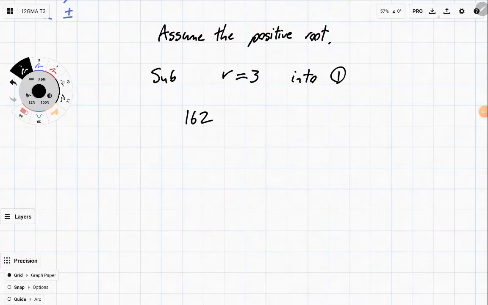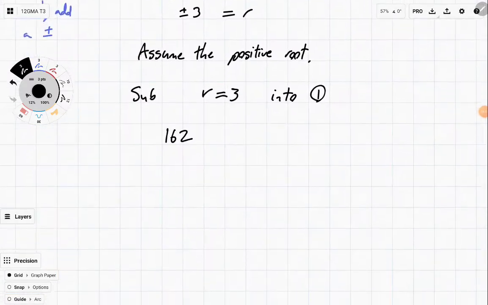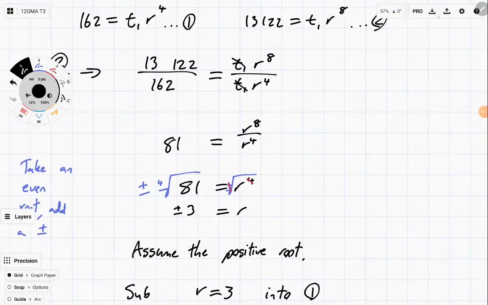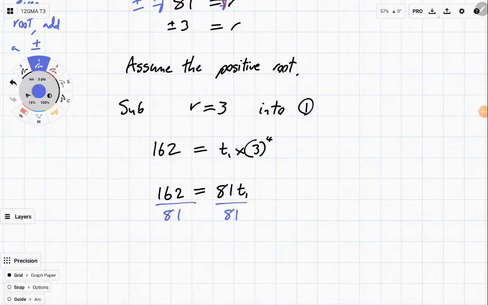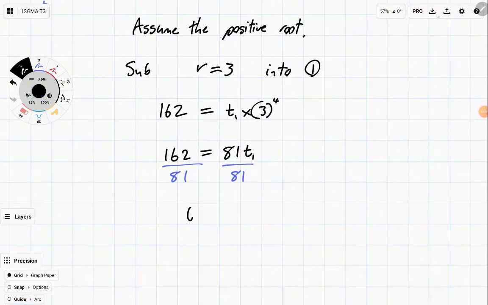So it's 162 on the left-hand side equals T1 times 3 to the 4th power. 3 to the 4 is just 81, so we get 162 is equal to 81 T1. Divide both sides by 81, and you get that T1 is equal to 2.